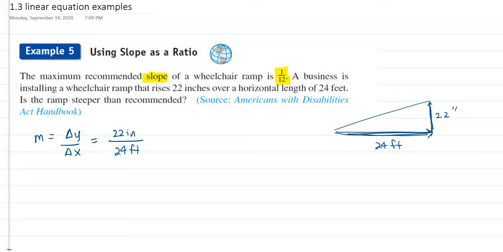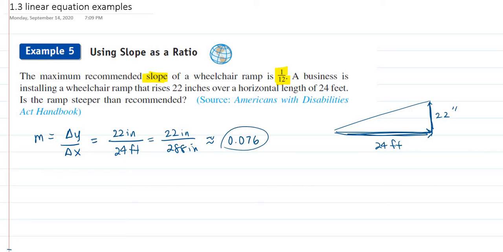We need to figure out what 24 feet is in terms of inches. So just a quick calculation, 24 times 12 equals 288. So we have 22 inches over 288 inches. And when I put that into my calculator, I get approximately 0.076.